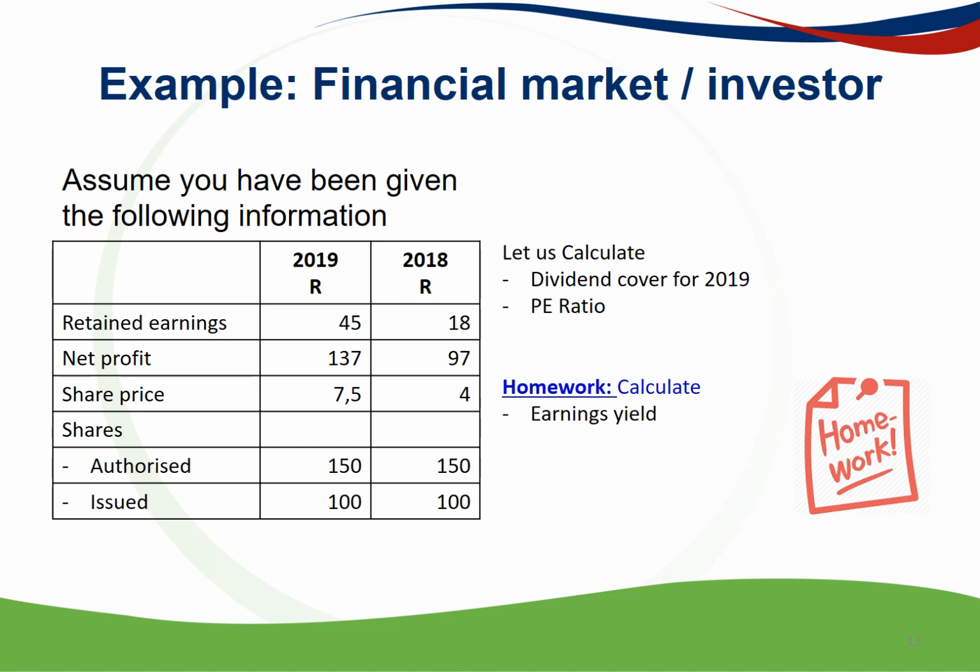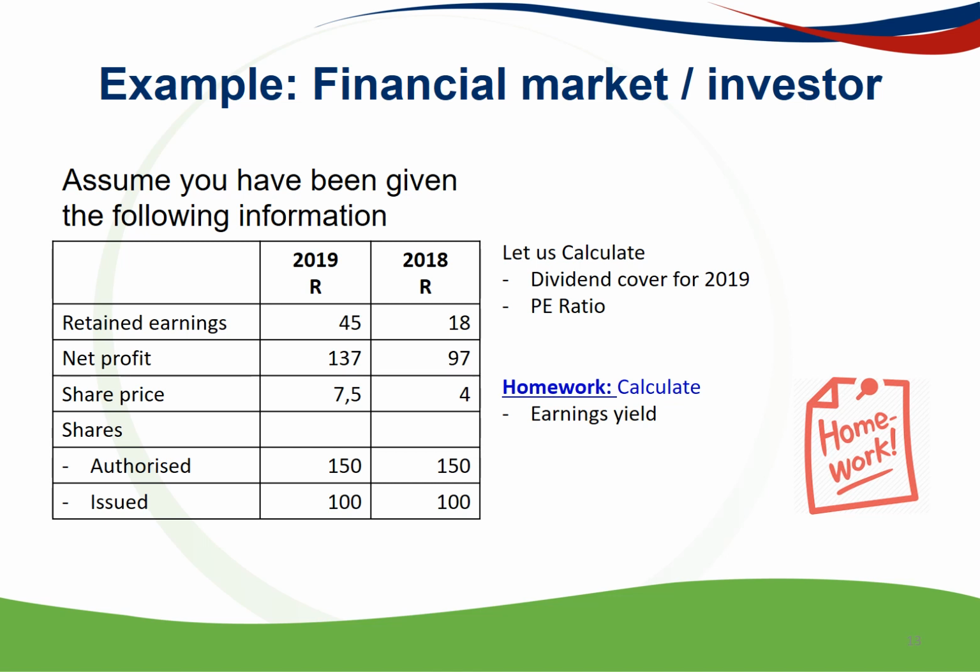At this point in time, you need to know and understand how to determine your dividend cover, even if you are not given how much the company declared. You are given retained earnings and net profit. Both the closing and opening balance of the retained earnings will assist you in calculating the dividends that were paid for 2019.